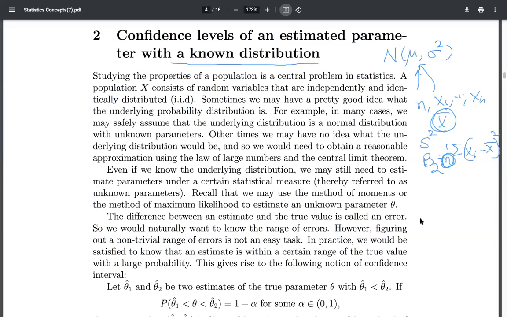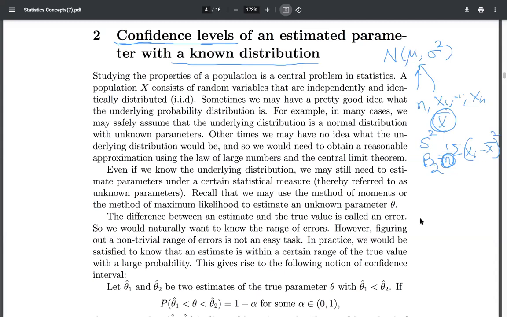That is what we need to find out, the confidence level. This is a fairly important concept that we want to expose you to, what it really means, its underlying meaning.